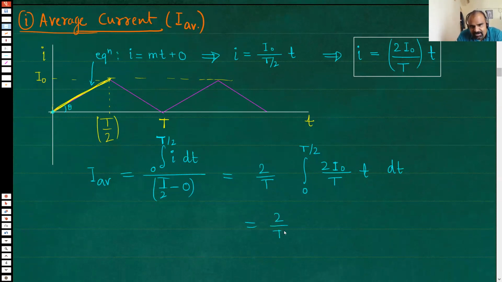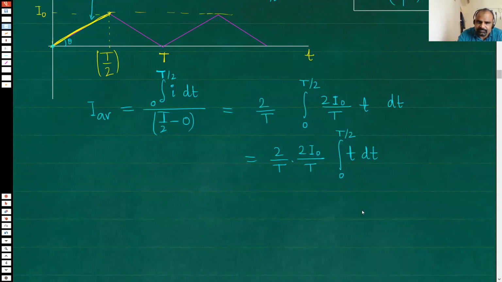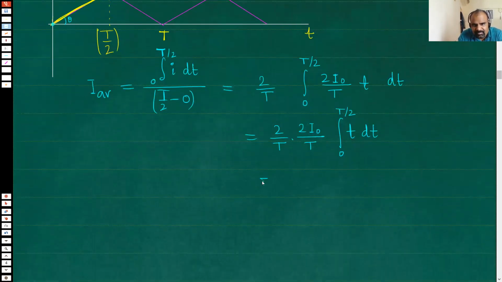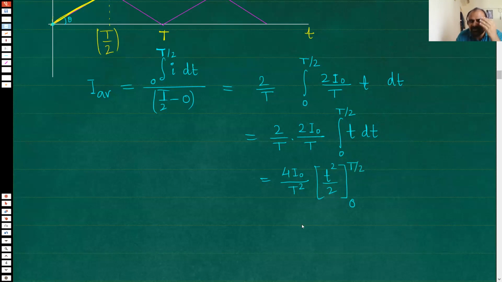So 2 by capital T, and then this constant will come outside, 2 I naught by capital T, and then you will have integration of t dt from 0 to capital T by 2. So you have 4 I naught by capital T square, and then this will be t square by 2. We all know that the integral of t dt will be this, and then 0 to capital T by 2.